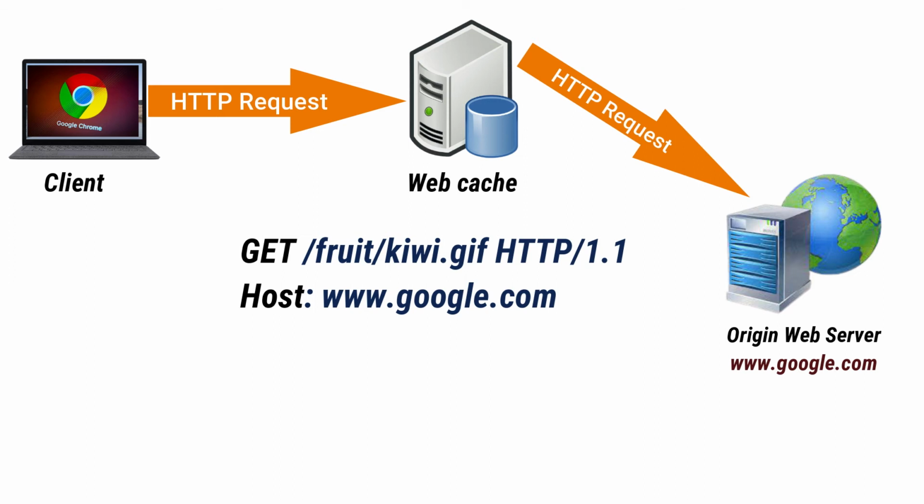Once again, GET is the method, /fruit/kiwi.gif is the object path name, the application layer protocol is HTTP, the version is 1.1, and the host name is google.com.